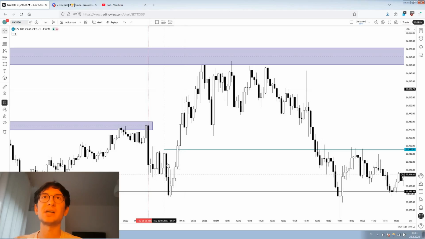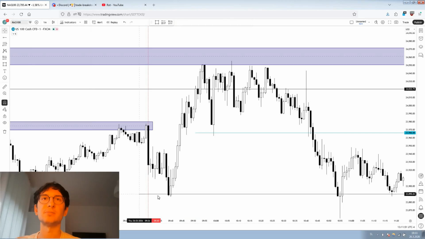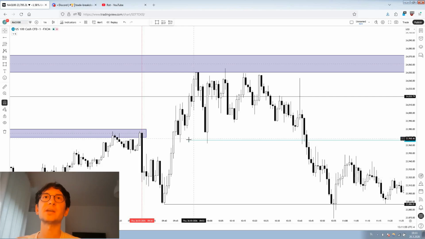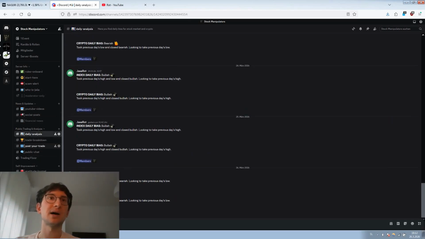So what do we do next? You can see that the price pushed higher, all the way towards that 15-minute bearish fair value gap. What do we do in that case? Let me move this 15-minute low here. We are now measuring the lows because our daily bias was bearish anyway. If we go to our daily bias analysis, we have a bearish daily bias.